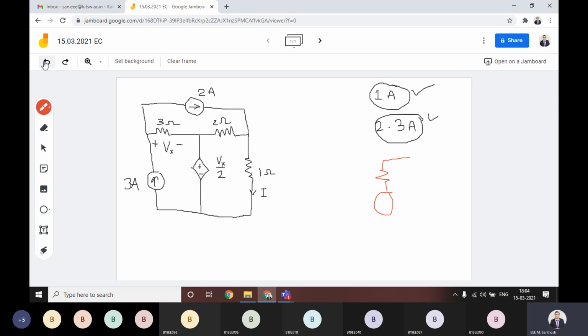Similarly for this kind of mesh analysis, you have to consider the current in each and every loop.